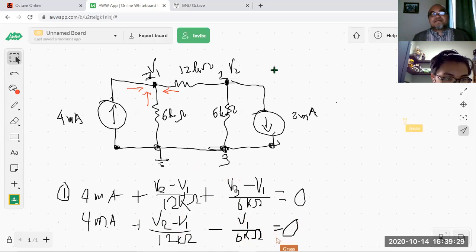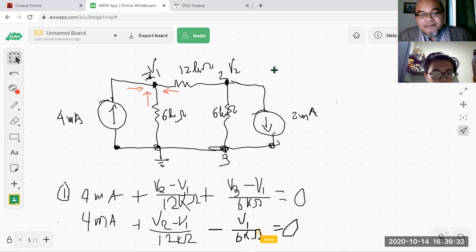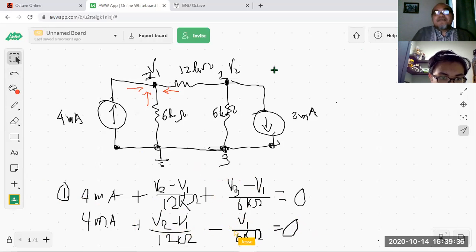So I take the V1 out first from this equation? Regroup it. Regrouping means that now the summation terms are based on V1 and V2, instead of on the resistors.